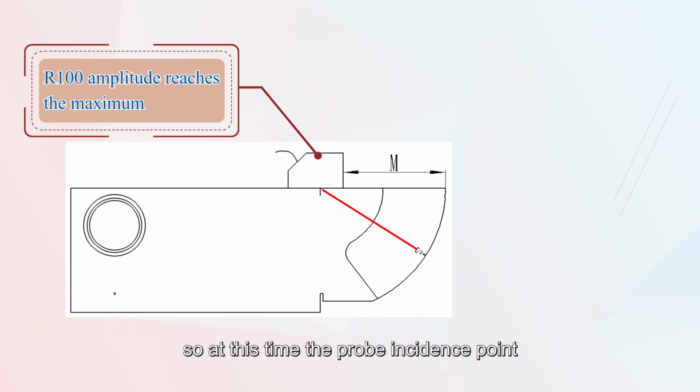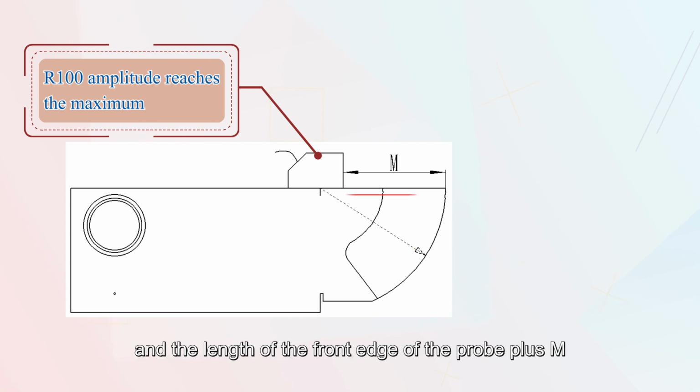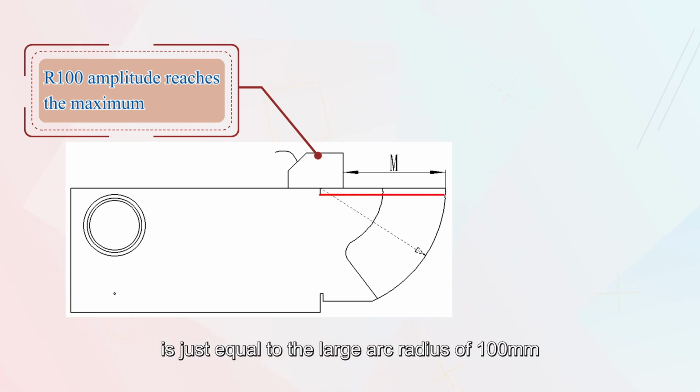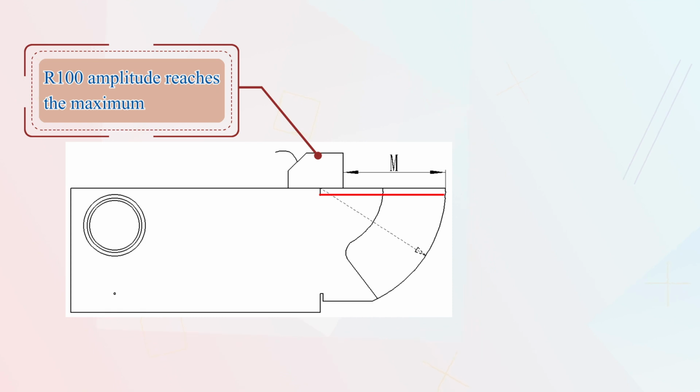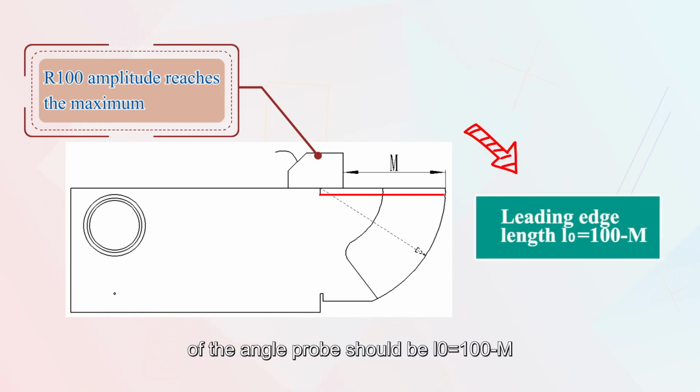So at this time, the probe incident point just coincides with the center of the circular arc, and the leading edge length of the probe plus m is just equal to the large arc radius of 100 millimeters. Therefore, the leading edge length of the angle probe is l0 = 100 - m, in millimeters.